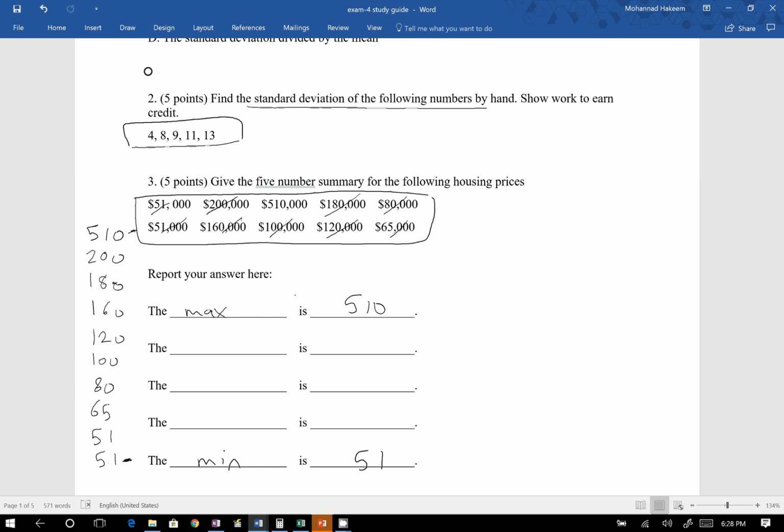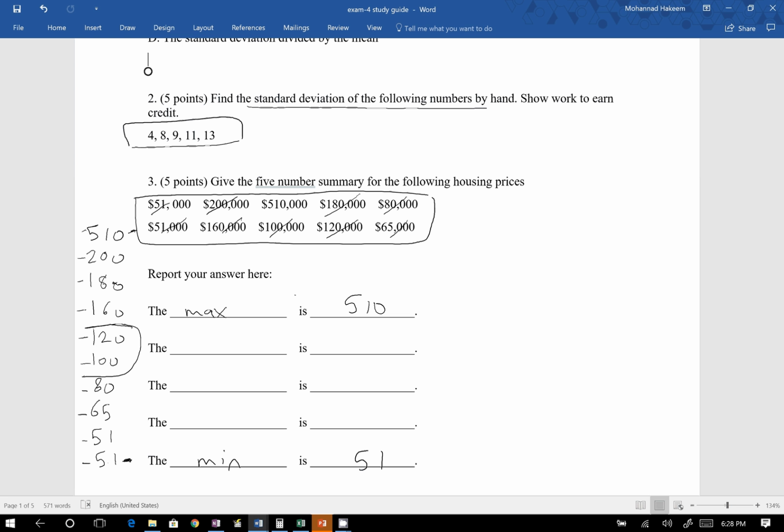Now there's a median. The median is simply the number in the middle. So I count 1, 2, 3, 4, 5, 6, 7, 8, 9, 10. Since I have 10 numbers, basically it's an even number, so there is no single middle number. I have to get the average between the numbers in the middle. So you have these two numbers.